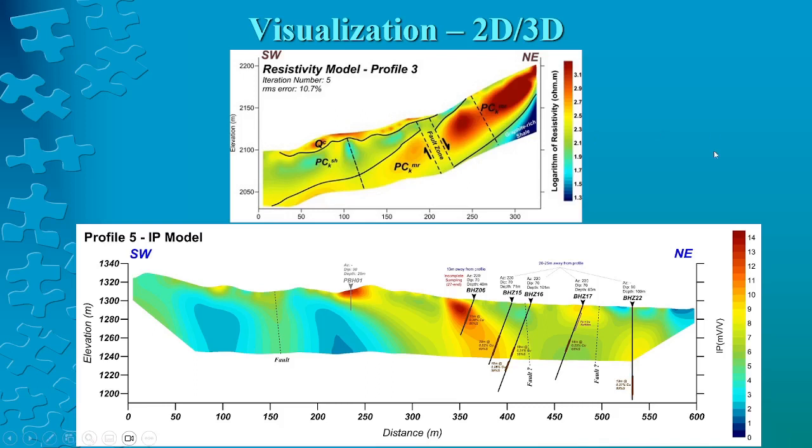And the visualization thing. So the picture on the top, for example, shows a resistivity model, and you can see the gradient of resistivity. We have very low resistivity values up to more than 1,000 ohm meter.